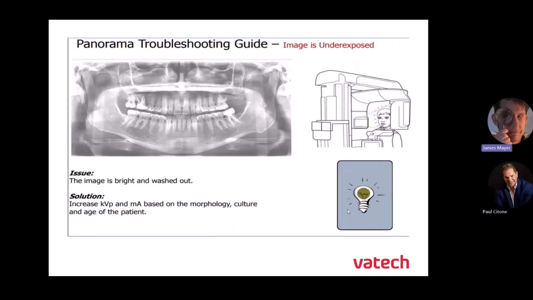Right. And take us through a brief overview of an image that's too light or too dark, underexposed, overexposed. What has happened if we see that? So when you see an image like that, a lot of times if it's too light, we're underexposing it, and if it's too dark, we're overexposing it.